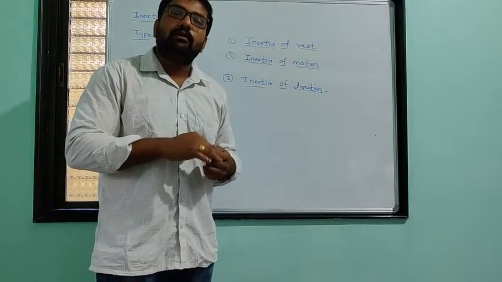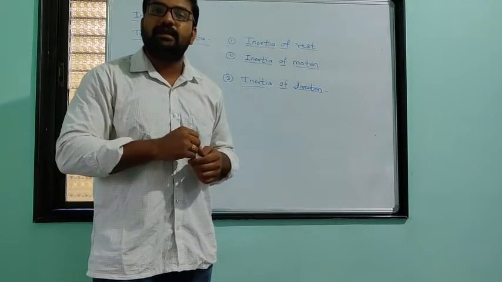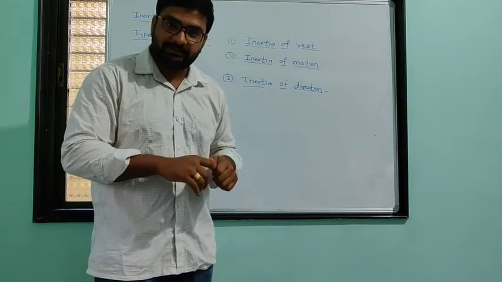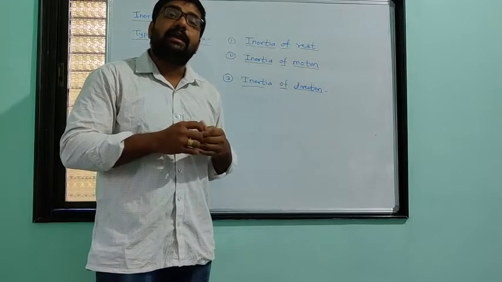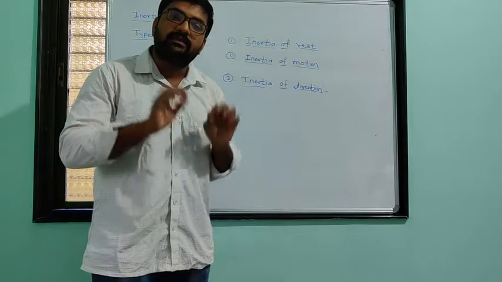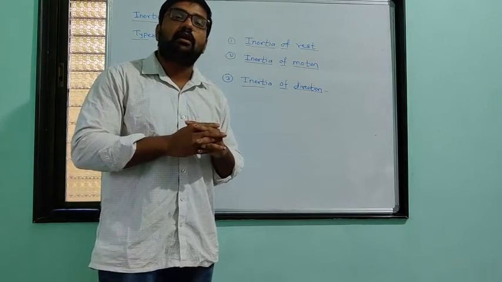I think everyone should be aware of this example; that is nothing but the inertia of rest. The inertia gained by an object due to its rest position is simply called inertia of rest.